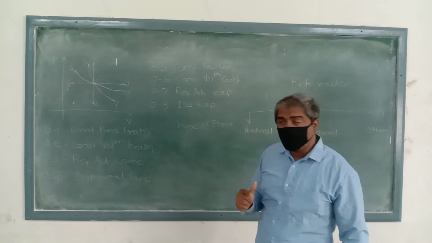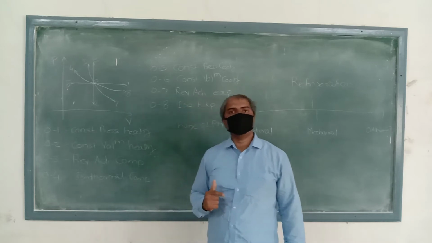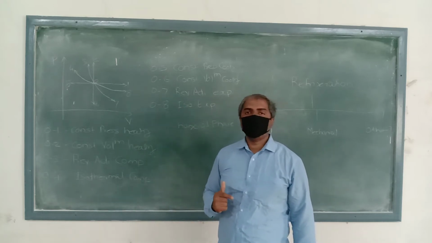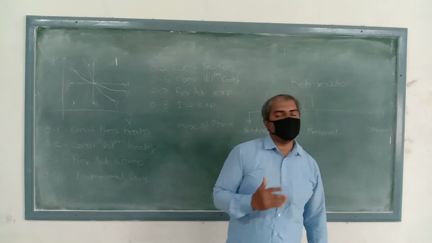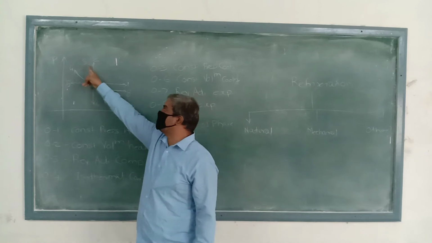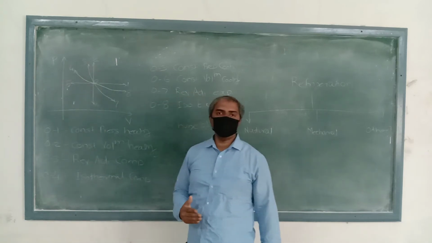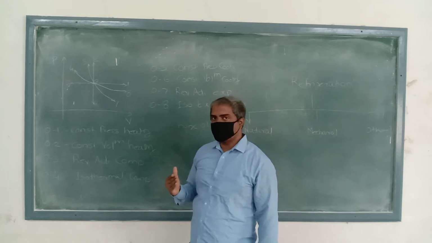But during this compression process, the entropy parameter is constant, and due to the compression there is a rise in temperature. So this 0 to 3 process is known as the reversible adiabatic compression process.